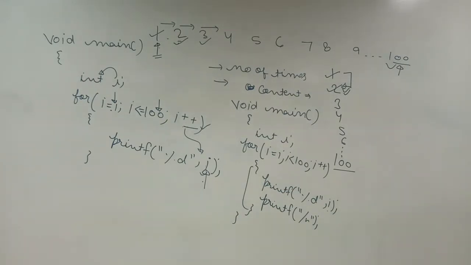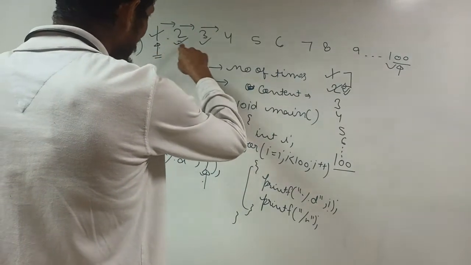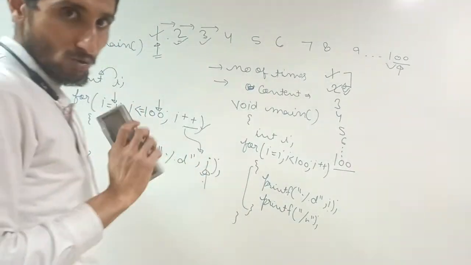So we have seen how we can print a variable quantity, that is 1, 2, 3 and so on. Please practice these two questions.